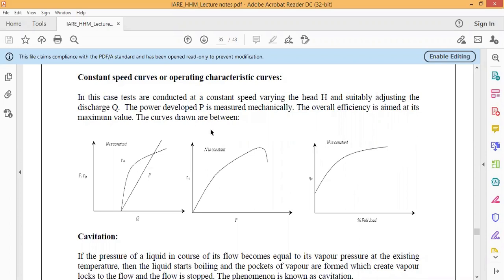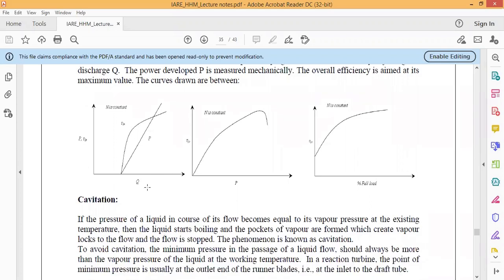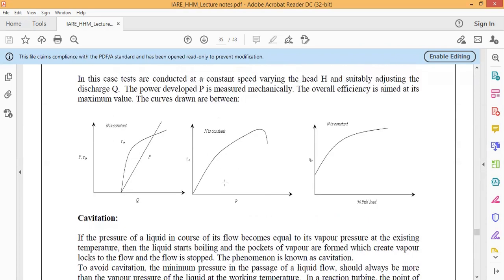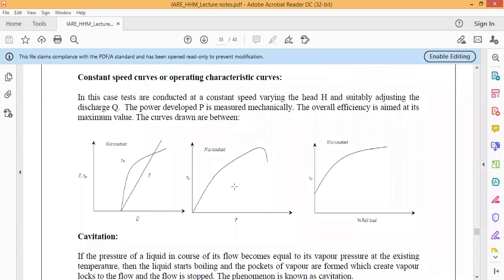A curve is drawn between discharge, efficiency and the pressure head, as P, N and Q, that is discharge. Similarly, we can have a number of curves on the basis of the discharge, efficiency and the power of the turbines.